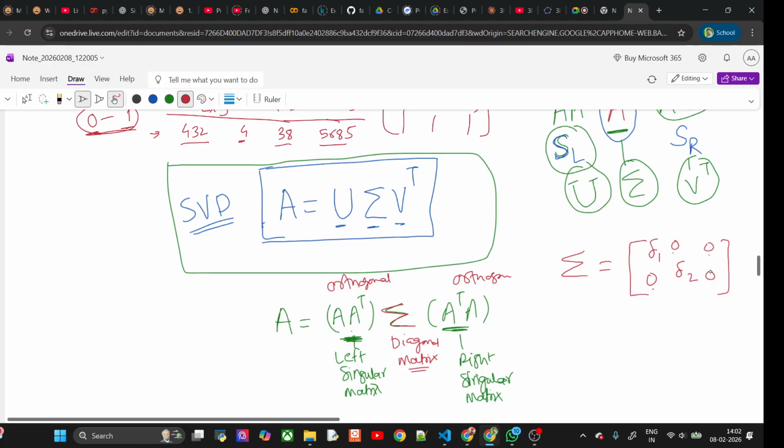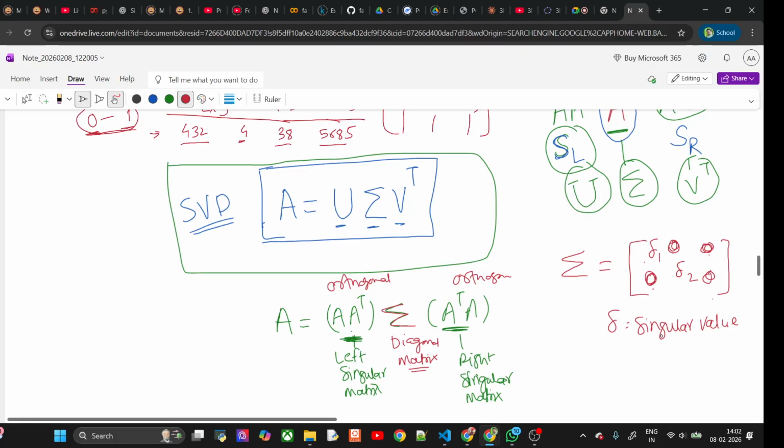These values, sigma, are called singular values. And whatever other elements are there, they are 0. And you will say, okay, I got singular values. What is the singular value?